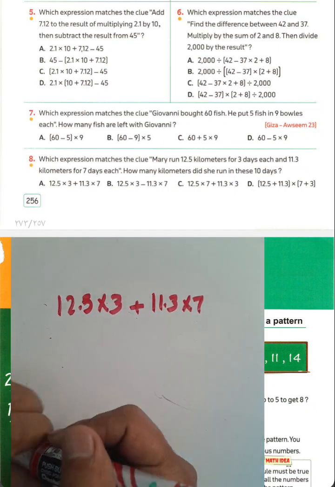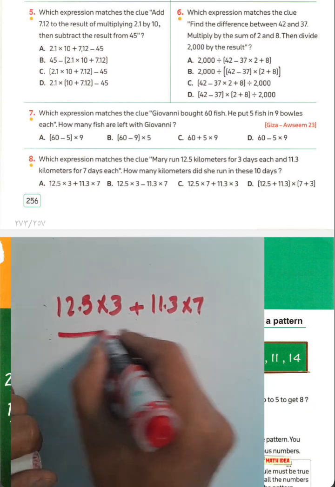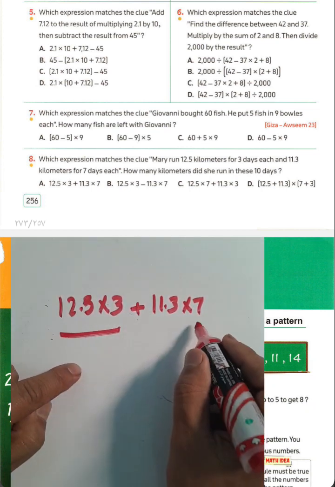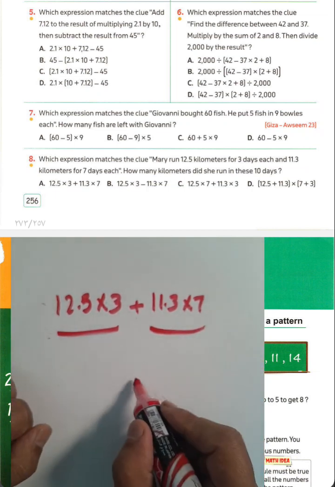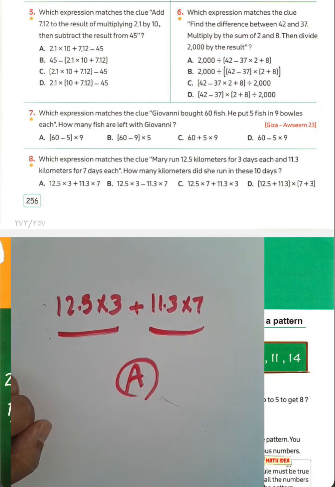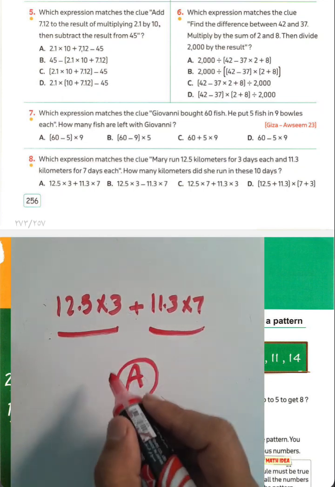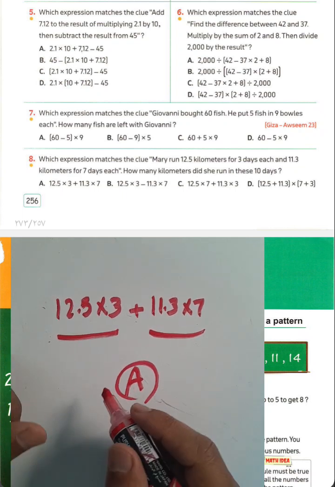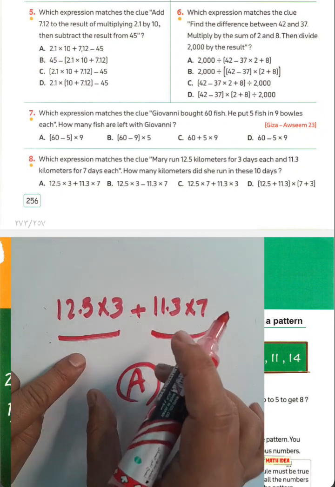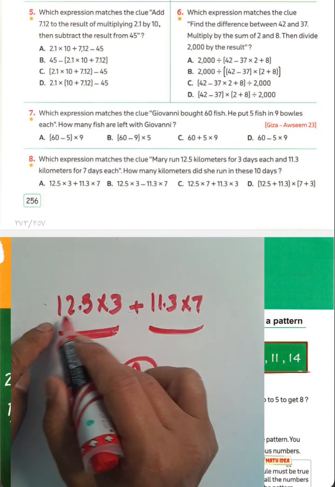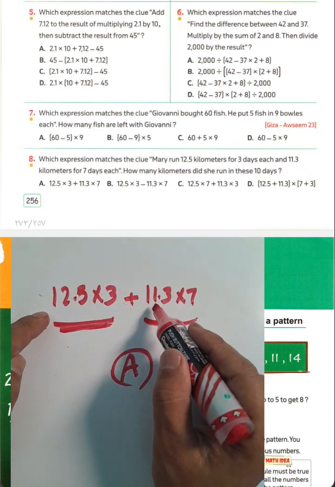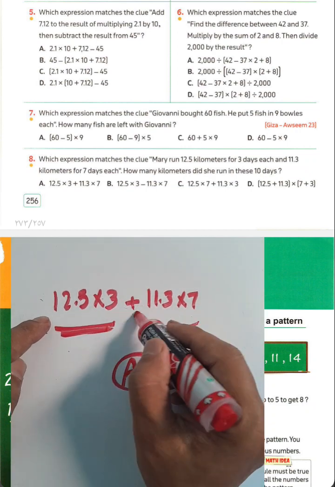So in the 3 days, she ran 12.5 times 3, and next 7 days, 11.3 times 7, we can add them. Choose letter A for question number 8. You want to find the expression only, don't find the result. If you want to find the result, first do the multiplication, 12.5 times 3 and 11.3 times 7, and then add the results to get the answer.